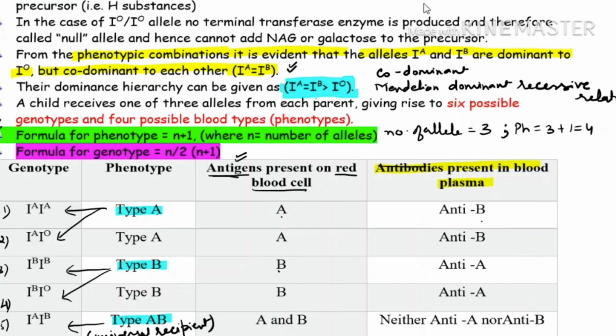Now the genotype formula is n by 2 into n plus 1. If you substitute the values, 3 by 2 into 3 plus 1, it will be 3 by 2 into 4. So you will get a total of 6 genotypes.